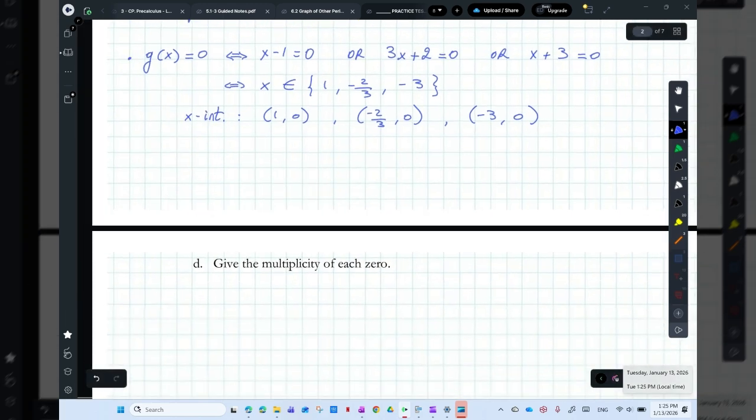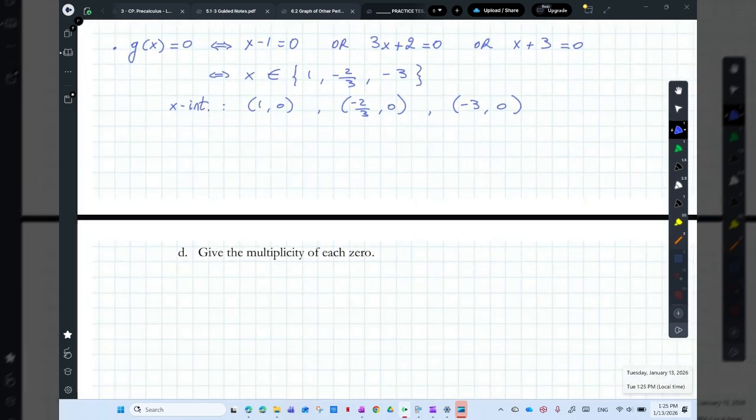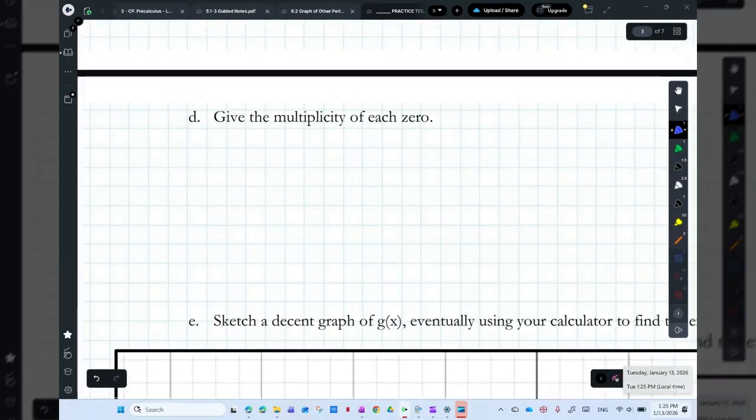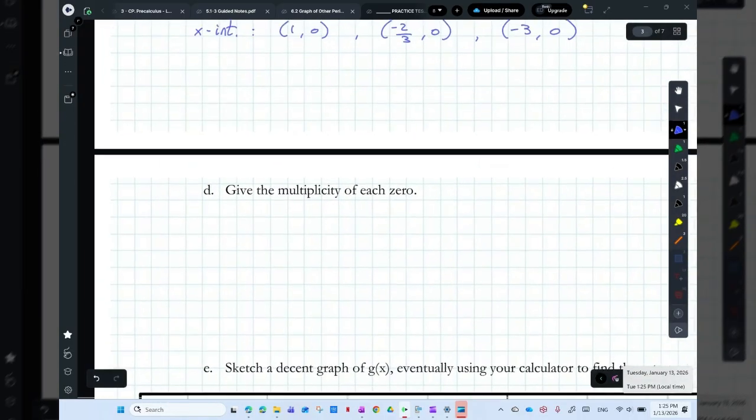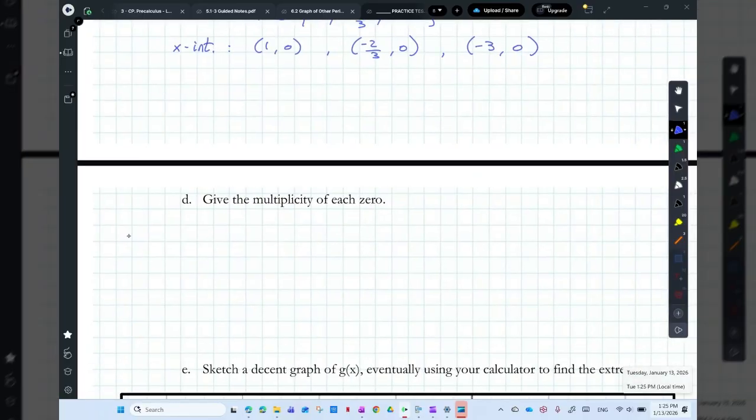And then I notice that to solve the equation, to find the zeros, the roots, I did not bother about the exponents. But then I'm being asked the multiplicity of each zero. So I'm going to list, once again, those zeros: 1, negative 2/3, and negative 3. And then I'm going to indicate the multiplicity.